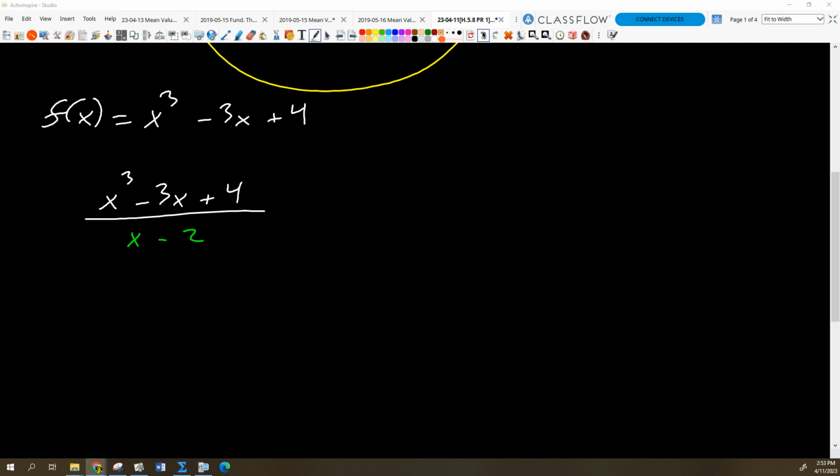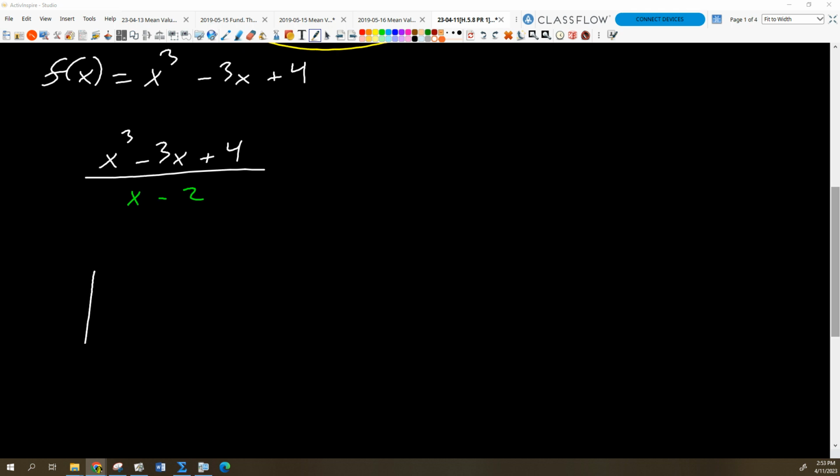Okay, how would I do that division synthetically? What would my coefficients be? 1, 0.